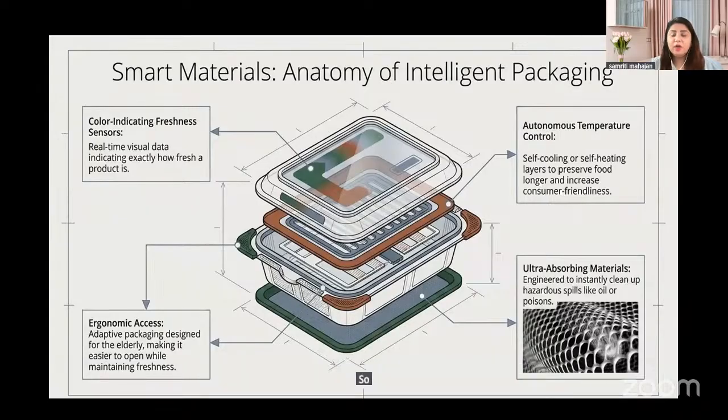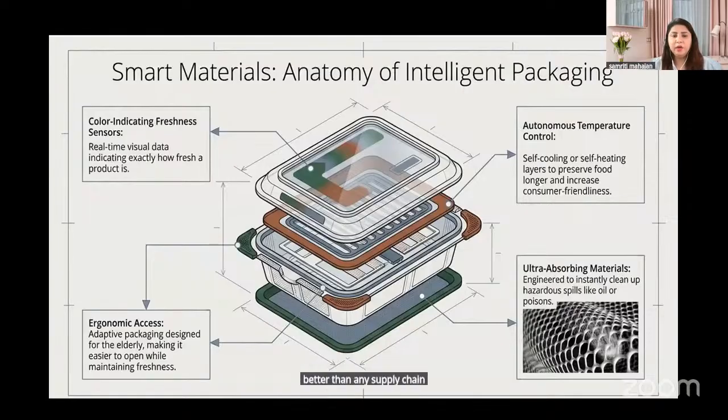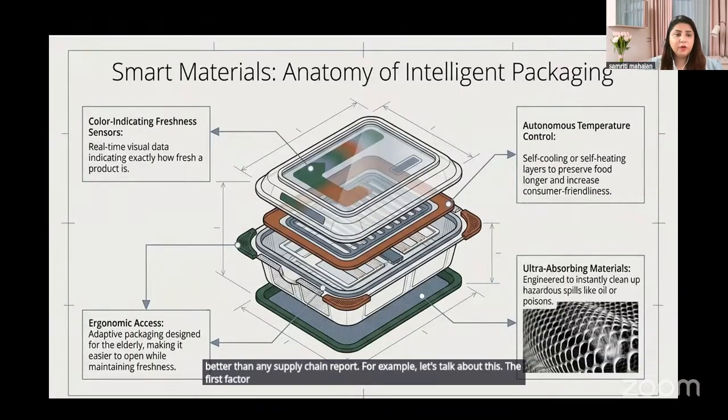The second technology pillar is smart materials, specifically their applications for food packaging. I want you all to look at this diagram carefully because it tells the story better than any supply chain report. For example, the first factor is the color-indicating freshness sensors.